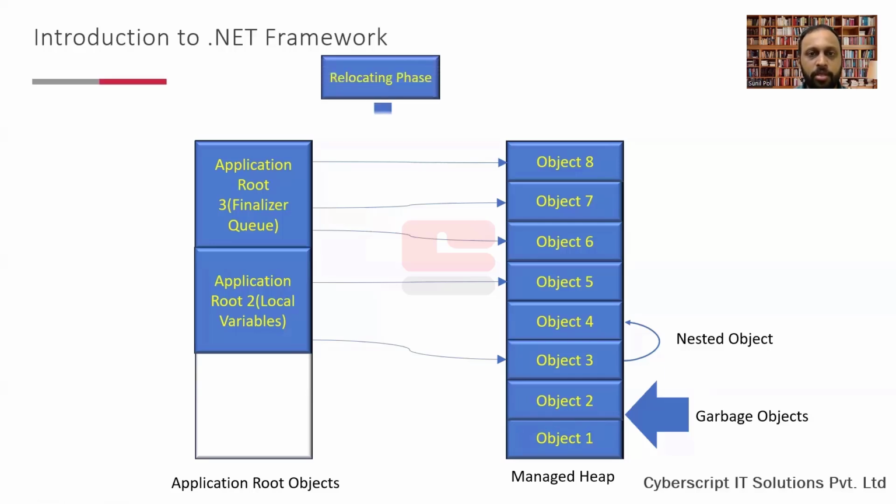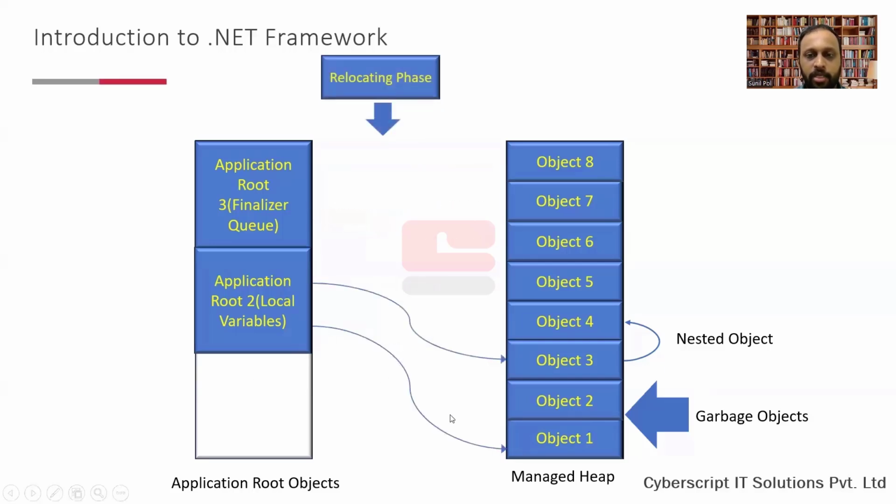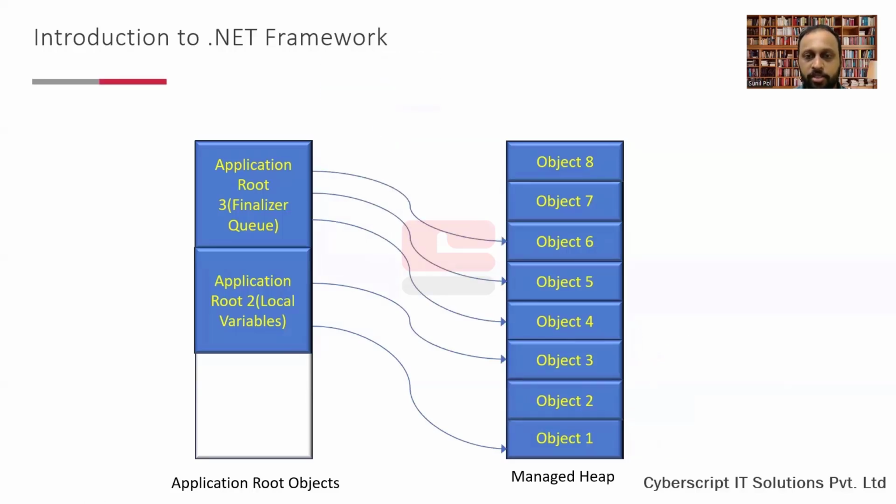So now the relocating phase comes into the picture, in which we are updating the memory addresses of the existing objects to which the objects get shifted in the next phase. That is nothing but the compacting phase. So once all the references are pointed to the new memory location, the garbage collector will execute the next phase, that is the compacting phase.